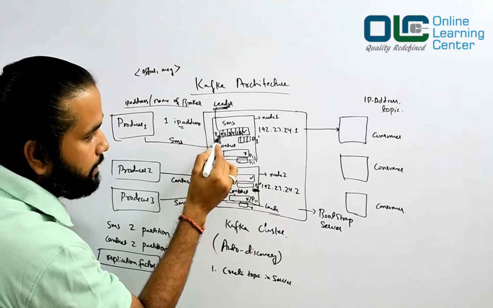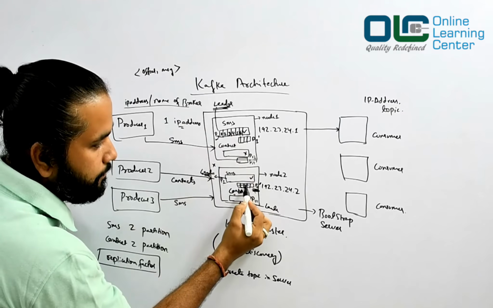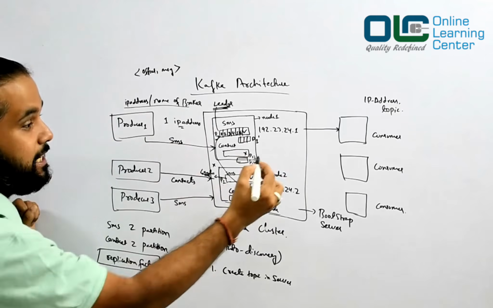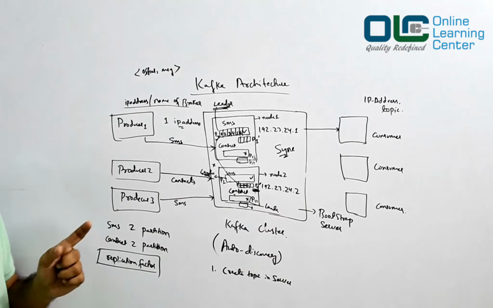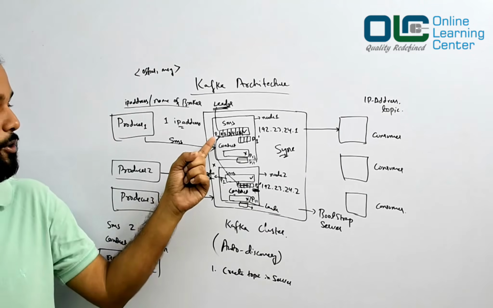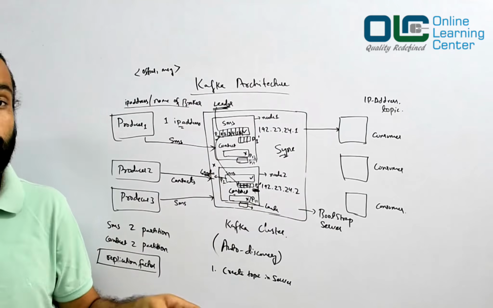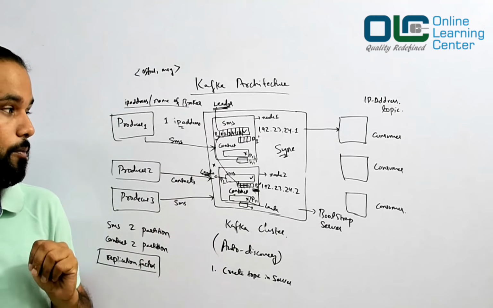Whatever you are writing here would also be written here in the background, and we call this the sync process. The data is getting synchronized. Whatever you write on the actual partition is also written into its follower partition. The one is called the leader, the others are called follower partitions.